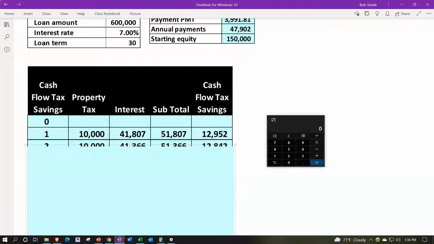Meaning, if you were substantially below the standard deduction and it took you, let's say, $5,000 to get up to being able to itemize, even though you're taking 51,807 of total itemized deductions, it's really lower than that by the gap between the standard and the itemized, like the 5,000 that we were talking about there, because you would have gotten the standard deduction still, which would have given you that level of deduction without itemizing.